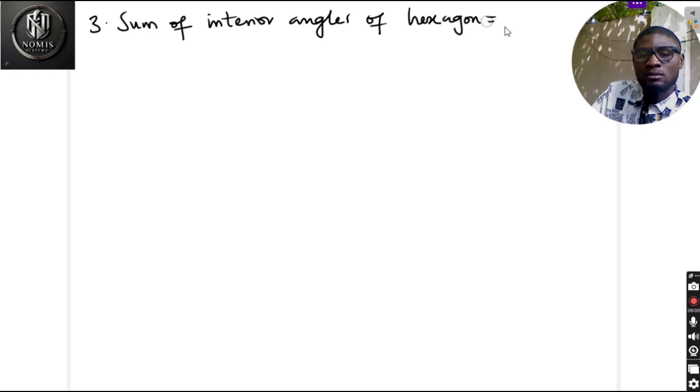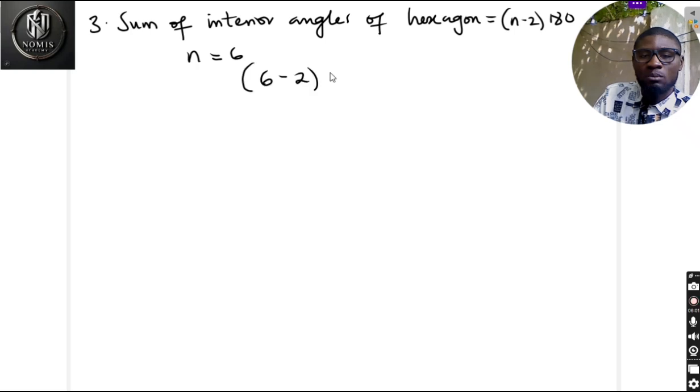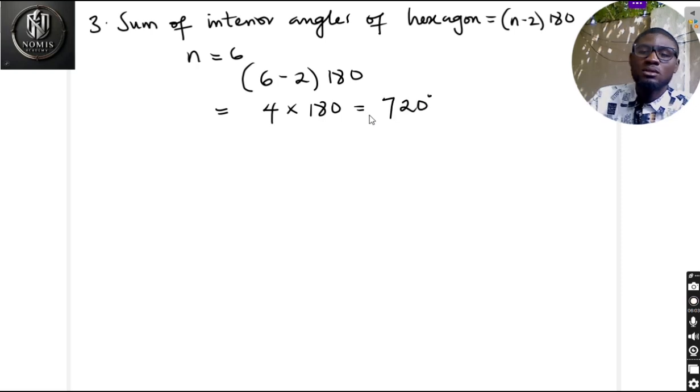Remember, it should be n minus 2 multiplied by 180. Since n is equal to 6, that will be 6 minus 2 multiplied by 180. So that's 4 multiplied by 180, which is 720. So the sum of the interior angles of a hexagon is 720.